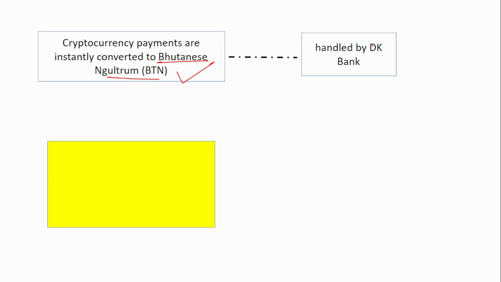This is done by DK Bank. So the payment is made to the merchant via crypto, and DK Bank converts it into Bhutanese currency. This is how cryptocurrency is now used in the tourism payment system in Bhutan.